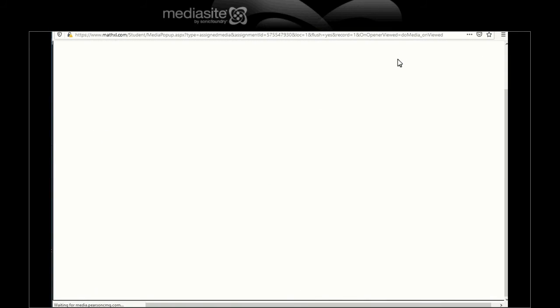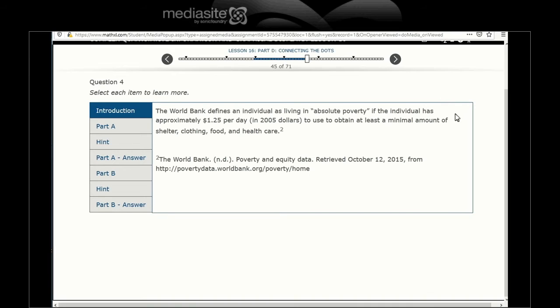Next question. Okay, select each item. The World Bank defines an individual as living in absolute poverty if the individual has approximately $1.25 per day to use to obtain at least a minimum amount of shelter, food, clothing, and health care.